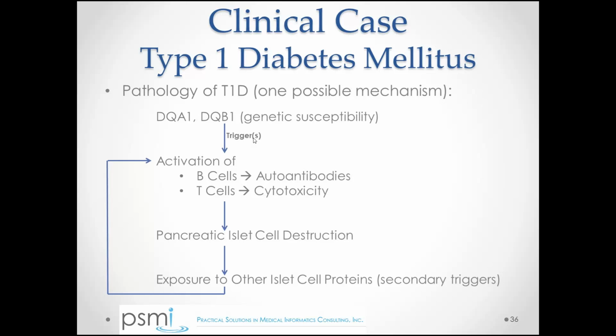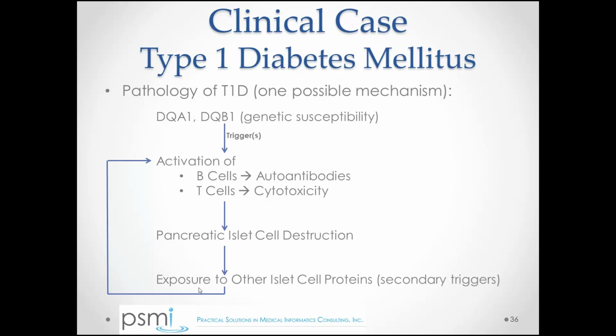These triggers, in the context of the right genetic susceptibility, activate B cells to produce autoantibodies and activate cytotoxic T cells, which then results, possibly through a process of molecular mimicry, or possibly not, because you have these new epitopes on the surface of these pancreatic islet cells, in pancreatic islet cell destruction.